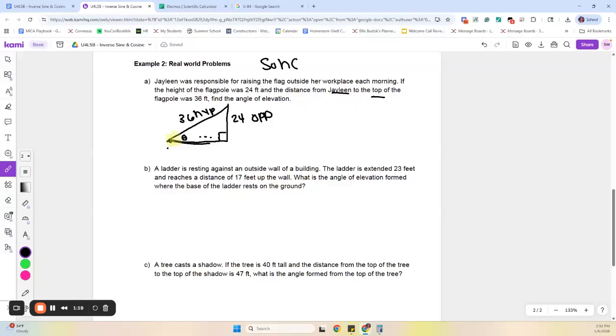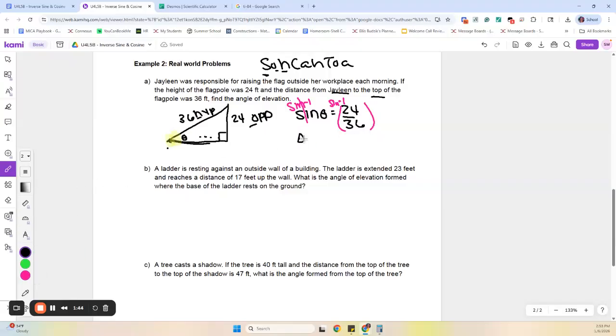So SOHCAHTOA. Opposite and hypotenuse go with sine. So I'm going to have sine of my angle, which right now is theta, equals my opposite over my hypotenuse. And again, I want to get that theta by itself, so I'm going to do sine inverse over here.